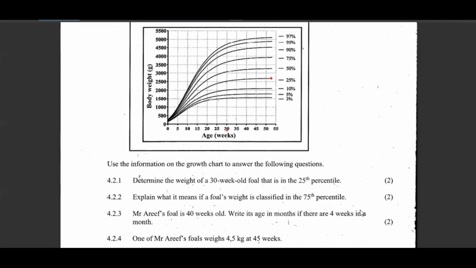So we shall need to come through a straight line here like this. Then when it touches 25, you read this side here. So it's 2,500. These are in grams.